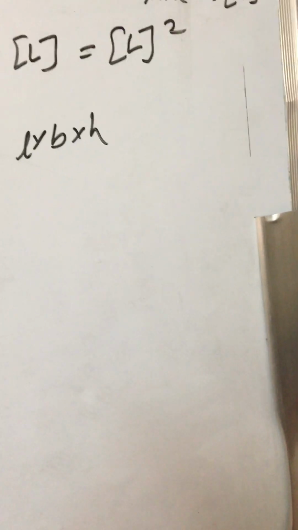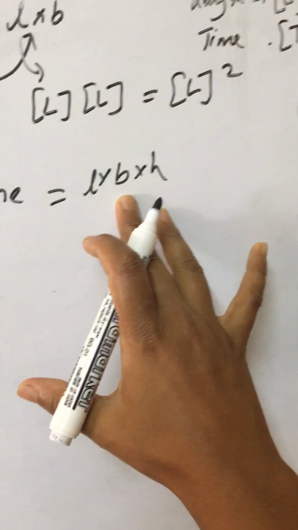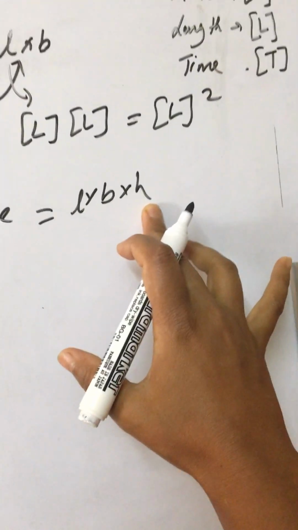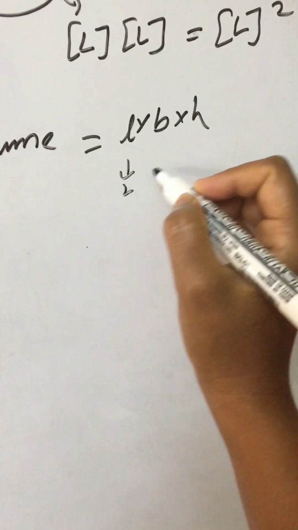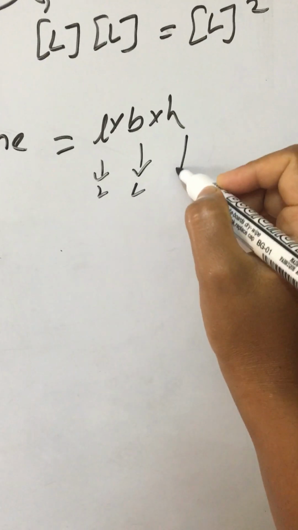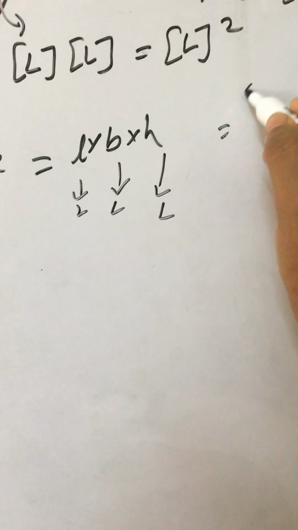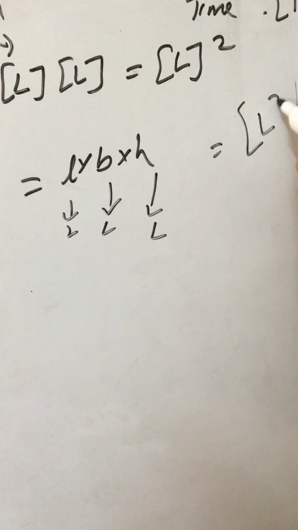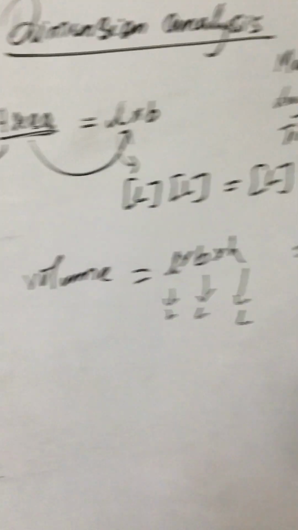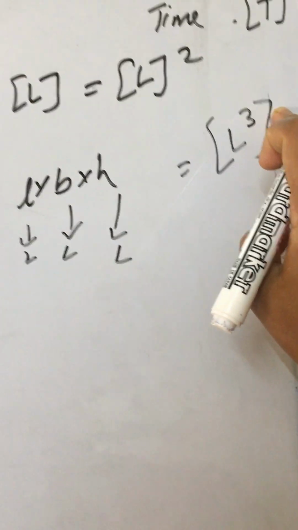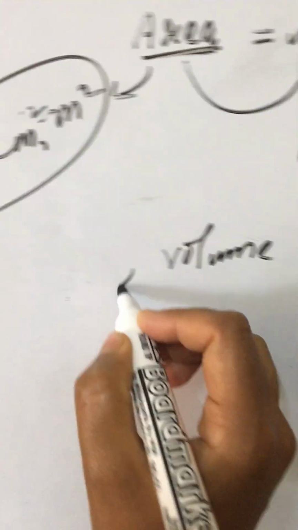Now you know the formula. Then you ask what fundamental physical quantities it involves out of the 7. It involves length, this also length, this also length. So what is the dimension of the volume? Dimension of the volume is L cube. That means in the measurement of volume, L is involved 3 times. In other words, what is the unit of it?